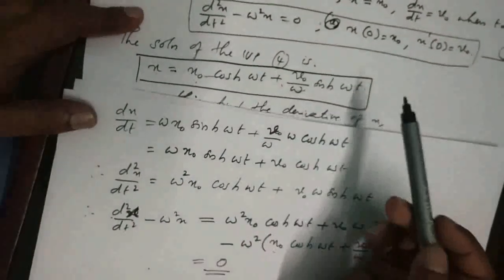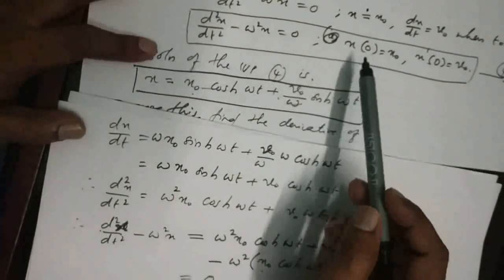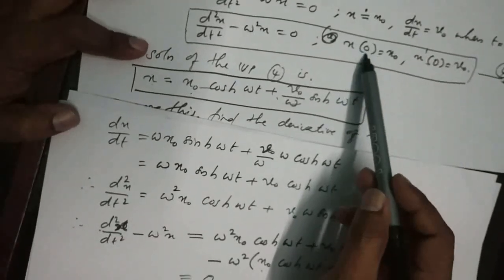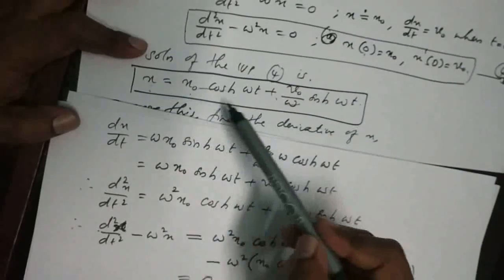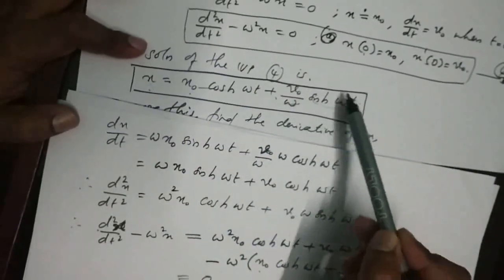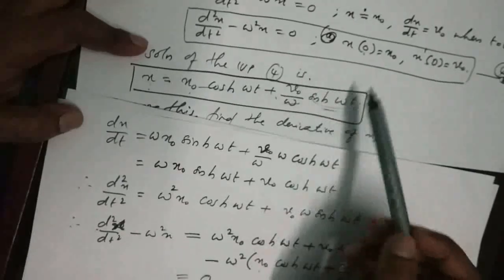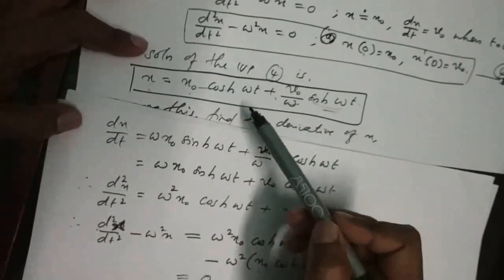Okay. Now we need to prove this also. What about this? When t equals 0, clearly, x will be what? When t equals 0, sinh of omega t is equal to sinh of 0. Sinh of 0 is 0 and cosh of 0 is 1.